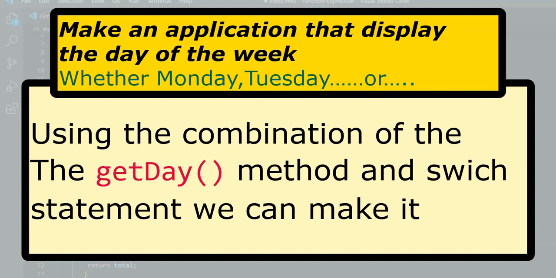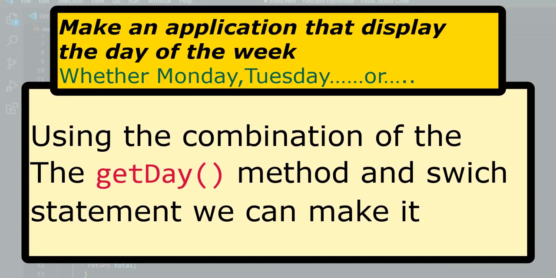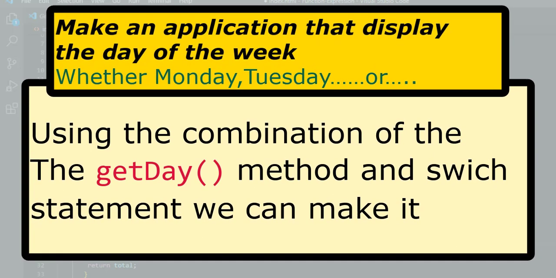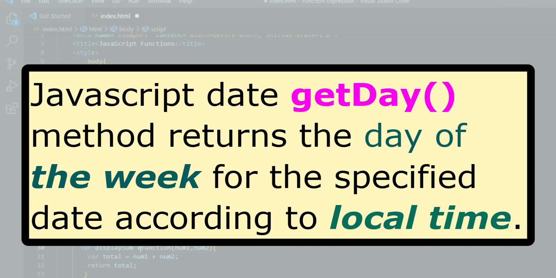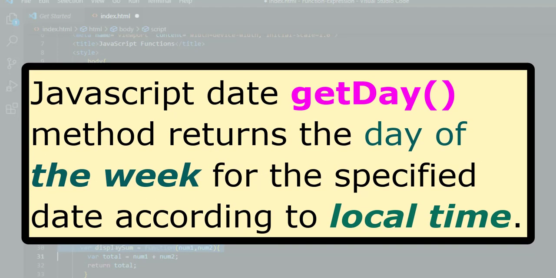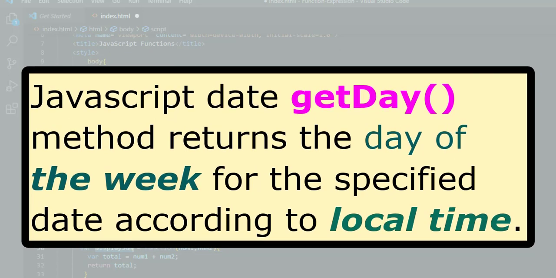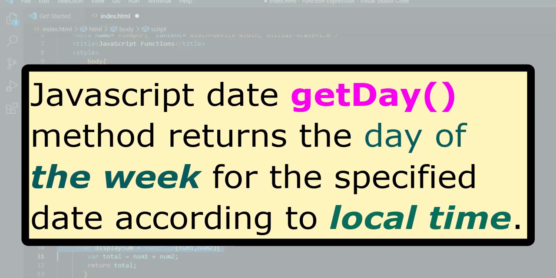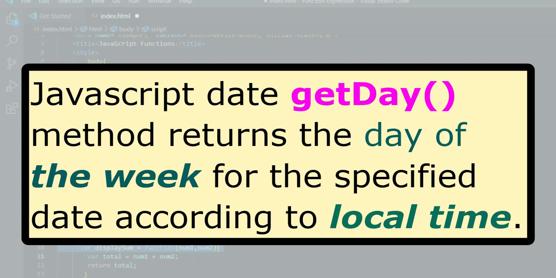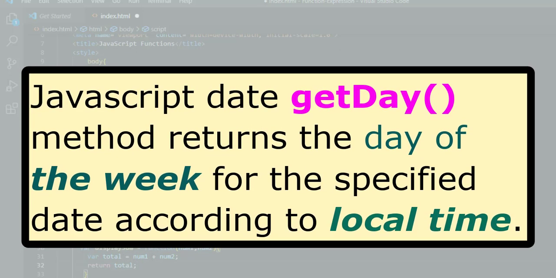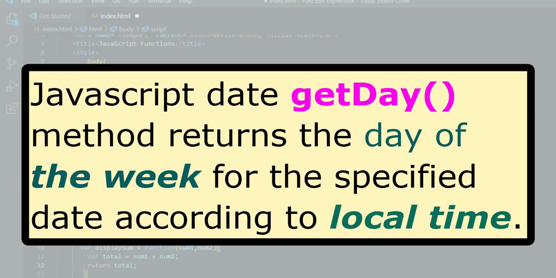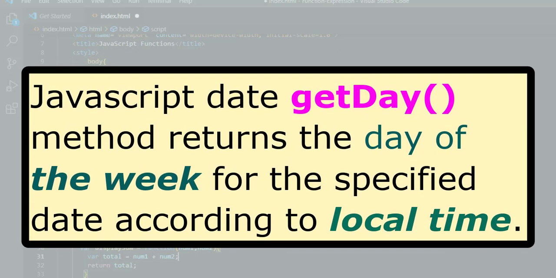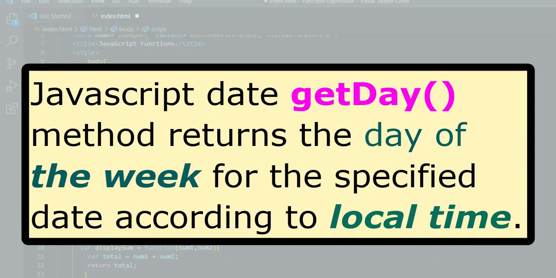Before we jump right into the code, let me explain what the JavaScript getDay method is. The JavaScript getDay method returns the day of the week for a specified date according to local time. Today is Saturday at the time of recording this video.